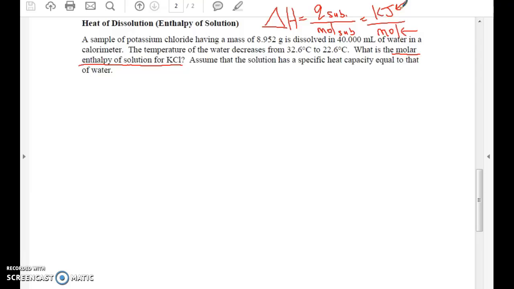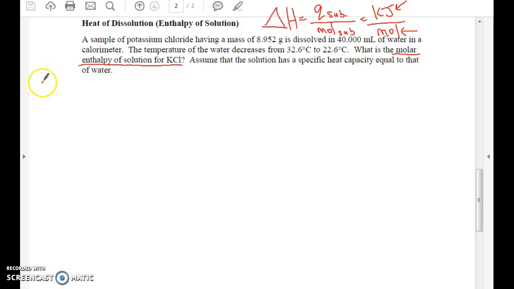We have to figure out Q of the substance. Now, it's kind of like what we had to do with the specific heat capacity problem. We can't figure that out directly. We can't get a thermometer in the bonds of that reaction or in the bonds of the chemical. So we have to figure out, how did this chemical affect the surroundings?